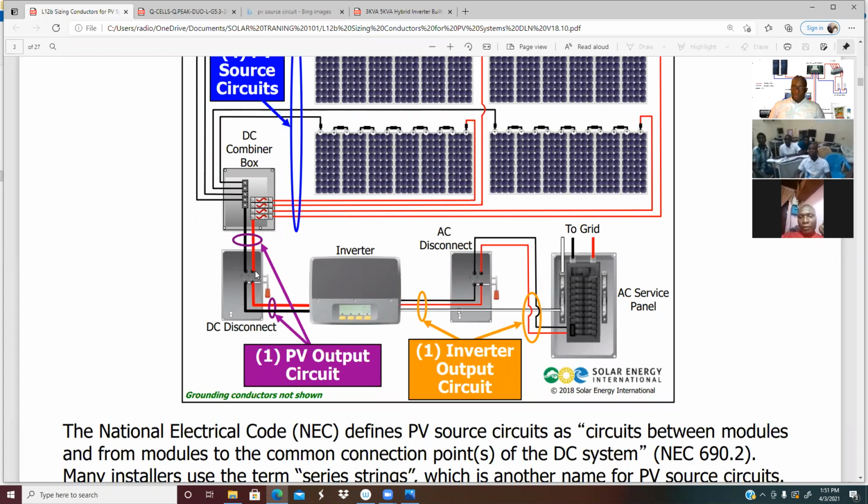It comes from the PV to the combiner box, then to the breaker or the disconnect switch before it goes to the inverter. You have similar things here as well. After the inverter or the charge controller, you have the same disconnect switch, the AC one. This one is going to AC before you feed the building.